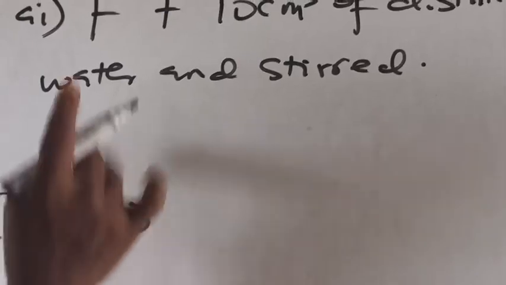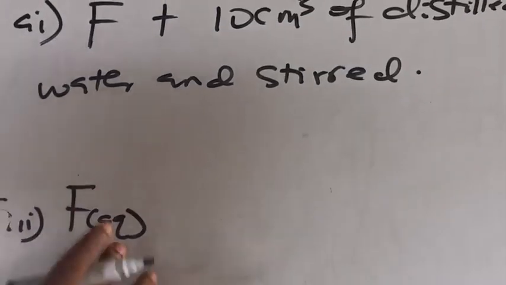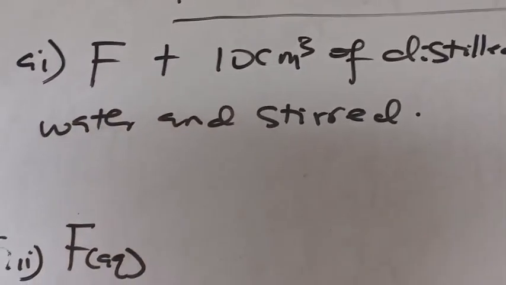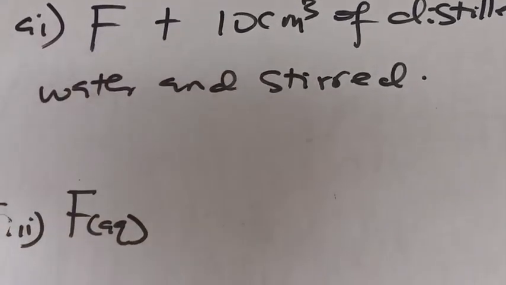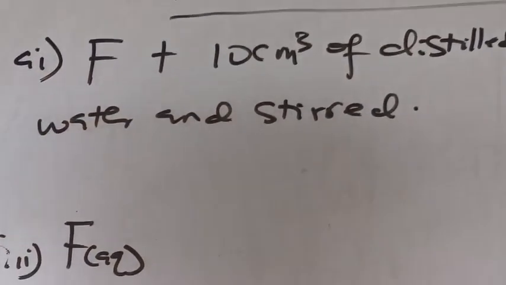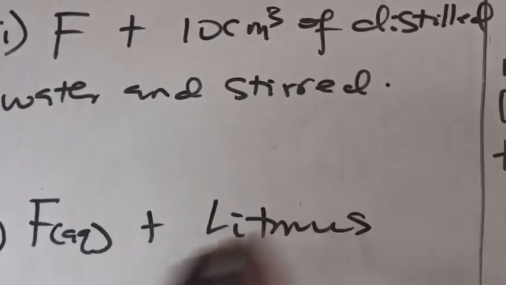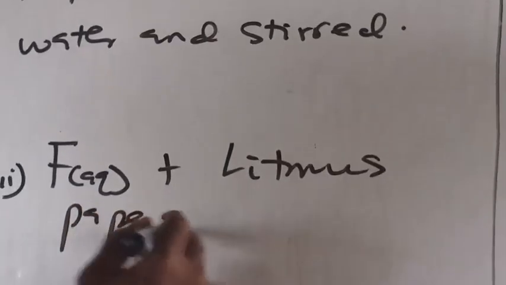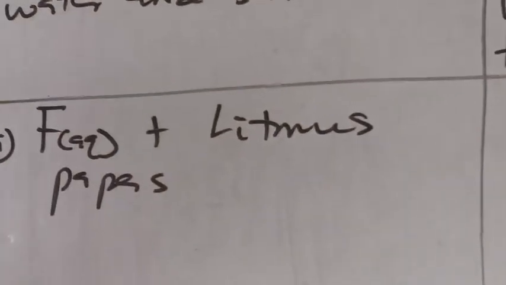You see the difference between writing F and writing F aqueous: F aqueous means solution of F, while F means the solid. So we write solution from A(i), or F aqueous, plus litmus papers. That's the test. Then we go to the observation and the inference.